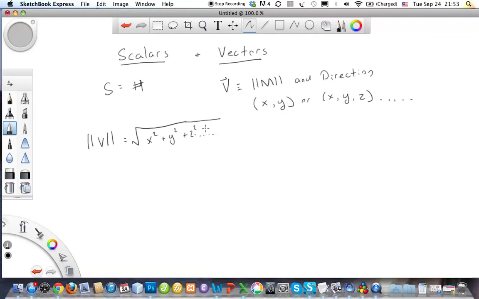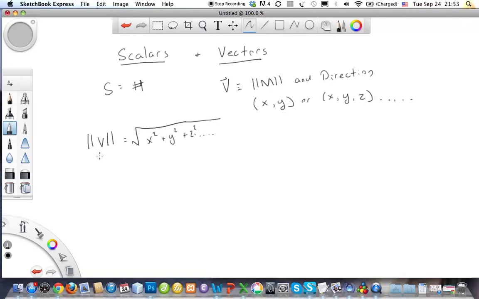The square root of the sum of its components will equal its magnitude. You can theoretically have multiple components, but the square root of the sum of the squares of x, y, and z will give you the magnitude of that specific vector.